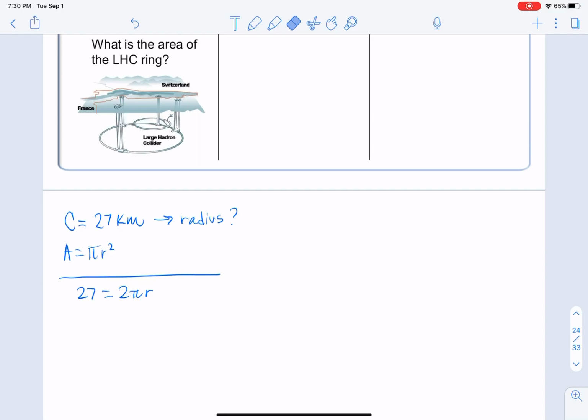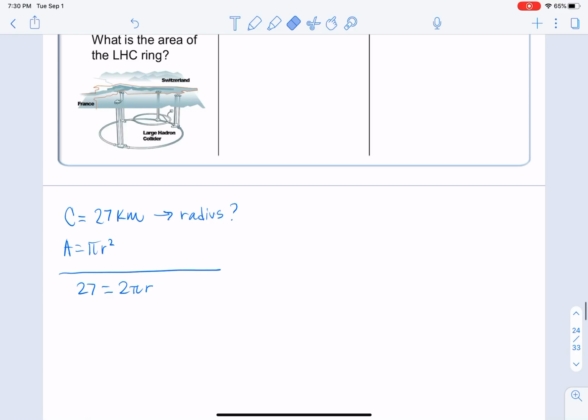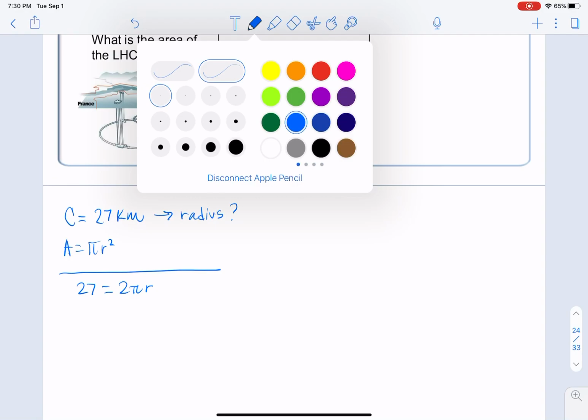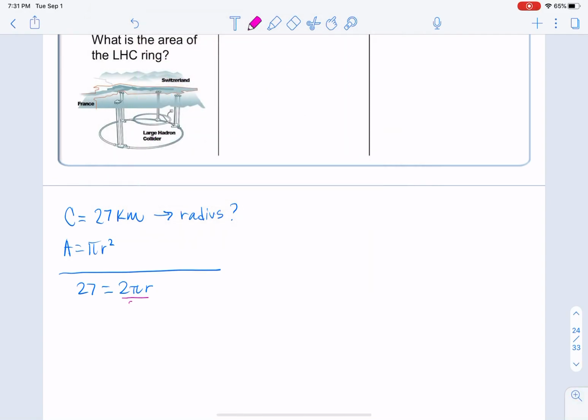And then sometimes the problem doesn't want you to plug it into the calculator. It wants pi as part of your answer. Okay, and we're going to see problems like that throughout the year for sure. So what is the 2 pi doing to the r? What operation is implied there? It is a multiplication. So to get rid of it, I am going to divide both sides by 2 pi.